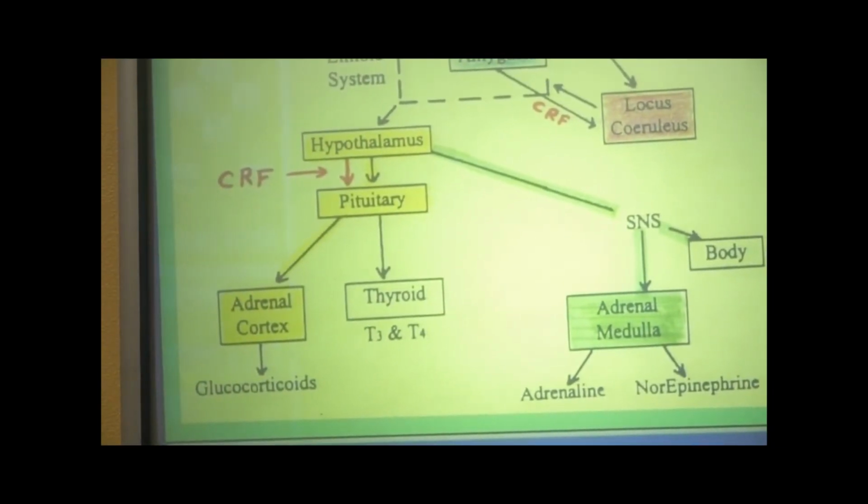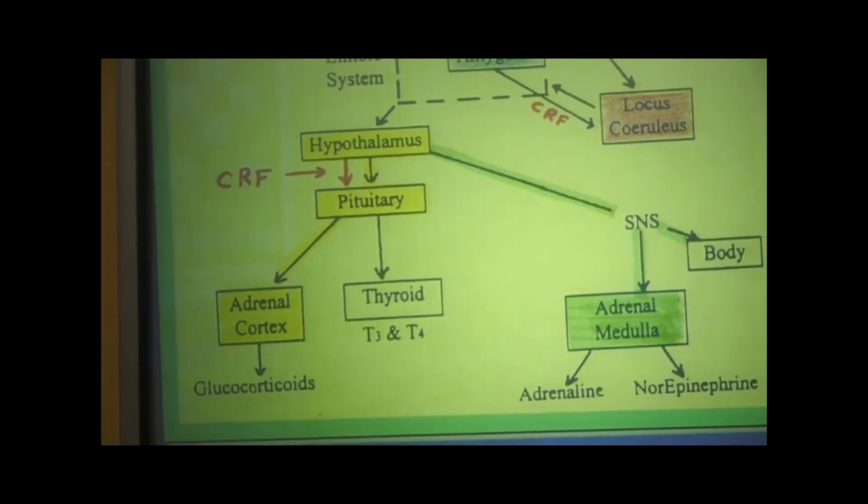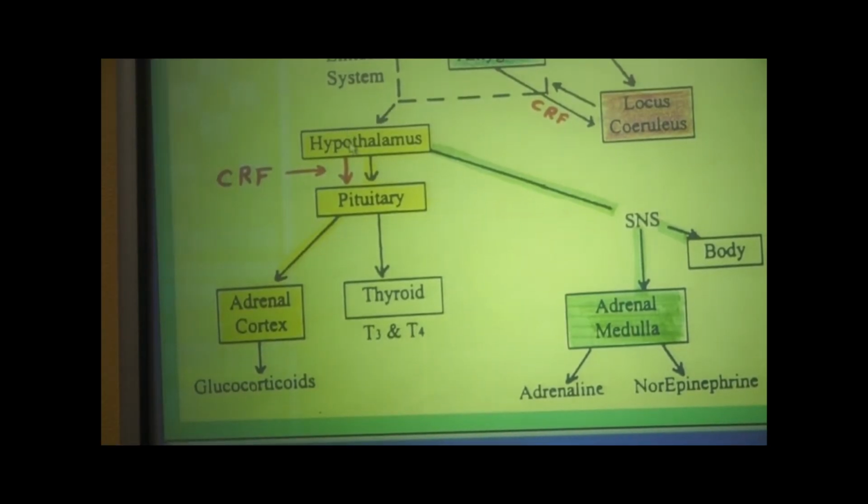Now we're going to look at two what are referred to as neuroendocrine pathways, and they're very, very important. The first one is the hypothalamus, pituitary, and the adrenal cortex. This is often referred to as the HPA axis.